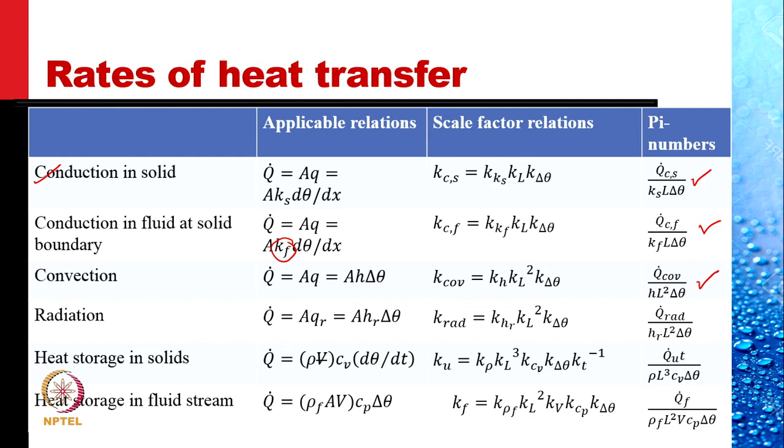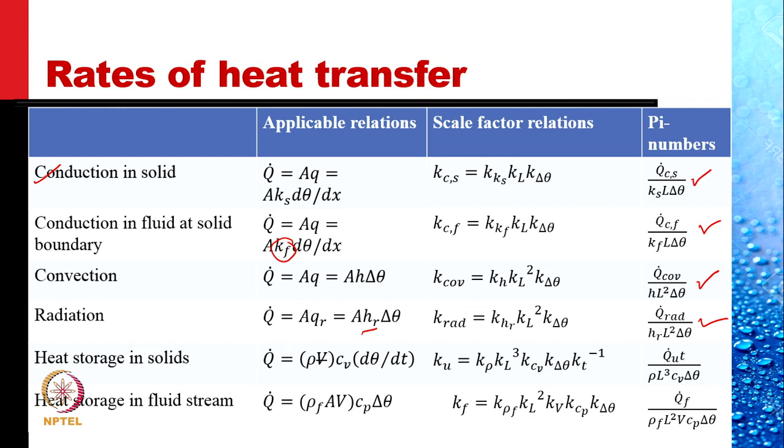Radiation is written in terms of h_r, the equivalent heat transfer coefficient for radiation, and we get a similar pi number. We will not deal with radiation in this course.